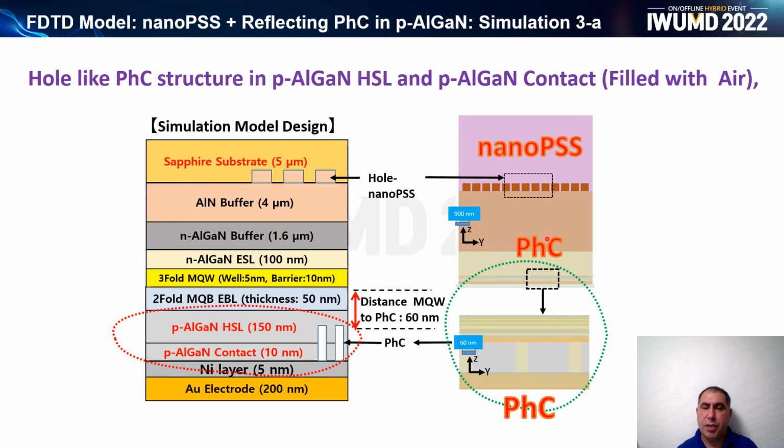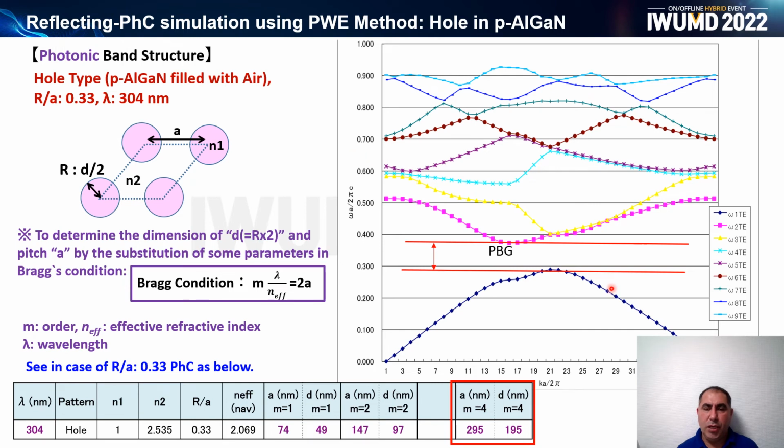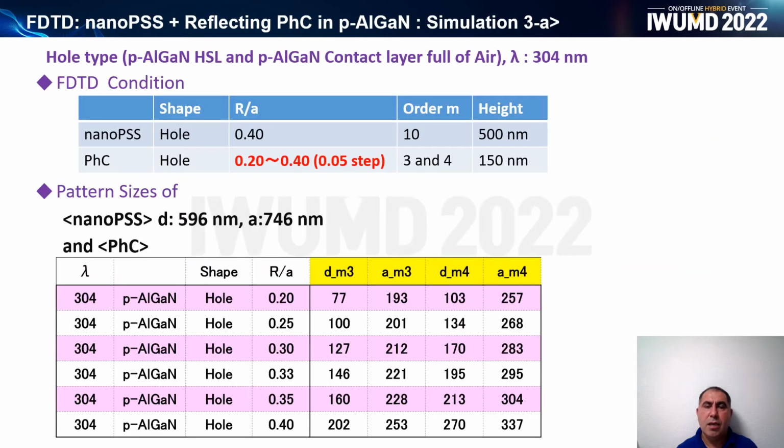With both nanoPSS and PHC in the UVB LED with transparent p-AlGaN contact layer, first we confirm the photonic band structures as shown here by using the plane wave approximation, following the Bragg condition shown here, and this data in the Bragg condition was supplied in this modeling.